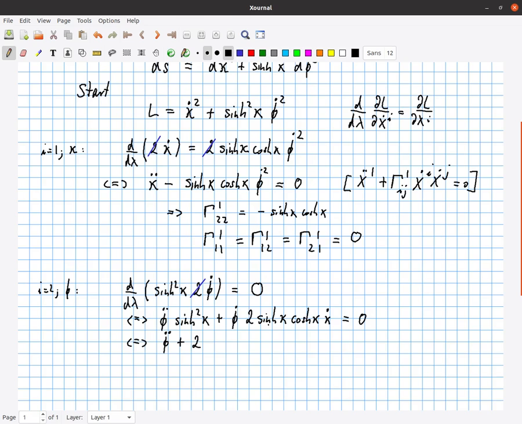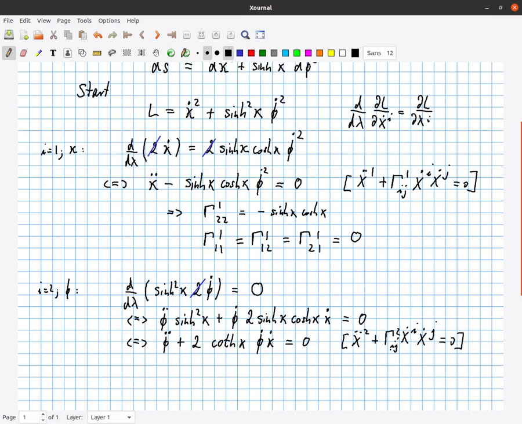There's one here, which means this becomes cotangent hyperbolic of kappa phi dot kappa dot equals 0, which we now have to compare with the second geodesic equation. This means x double dot 2 plus gamma 2 i j x dot i x dot j equals 0.